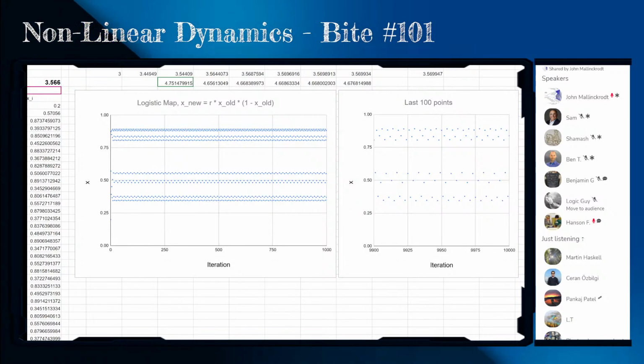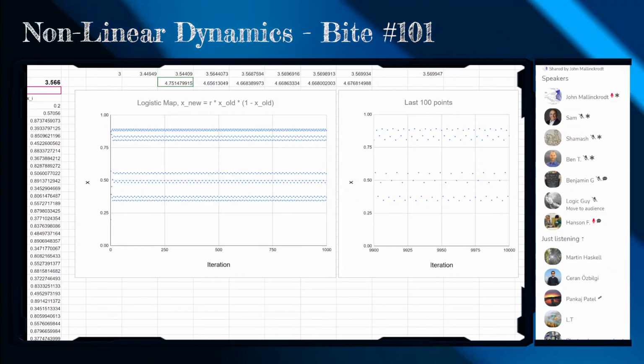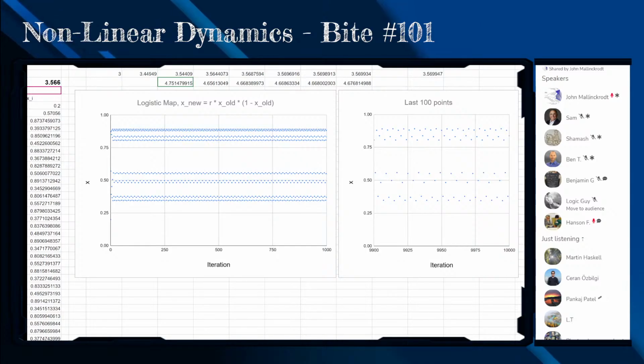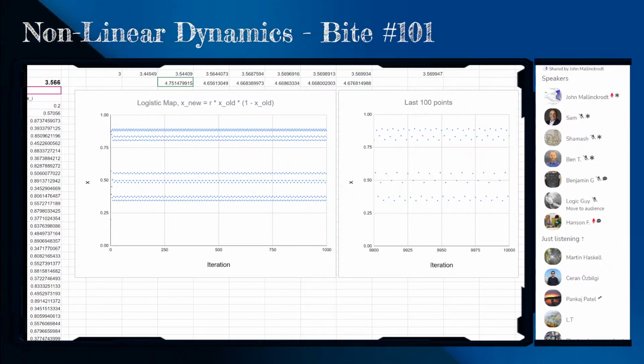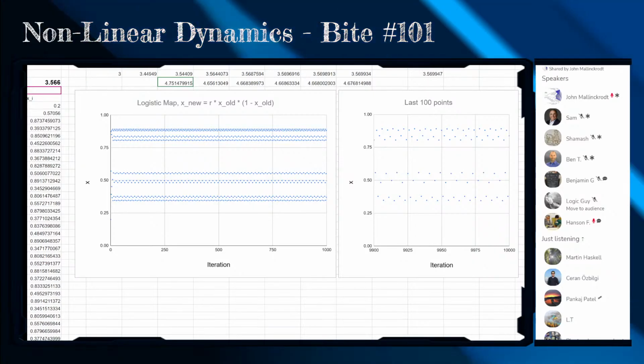So let me just take a moment to point out that my PTR, if you look at my PTR in detail, you're looking at this behavior. You're seeing a fixed point. Now what this graph is showing you is the attractor as a function of R. So in my graph, why don't I have this one?